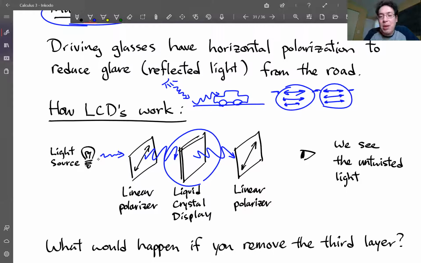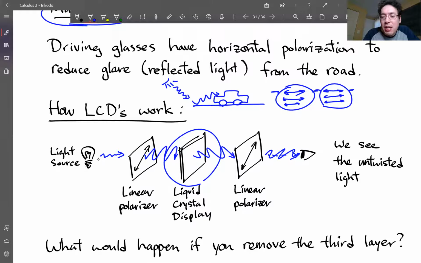So that light doesn't make it through the screen, and you might not see it. But if it doesn't get twisted and it's going the same direction, then it passes right through, and you'll be able to see it just fine. So the light that's coming from the back of the screen reaches your eyeball.